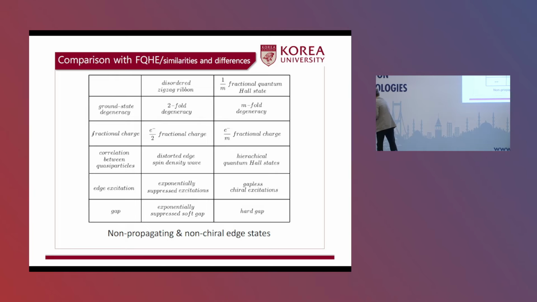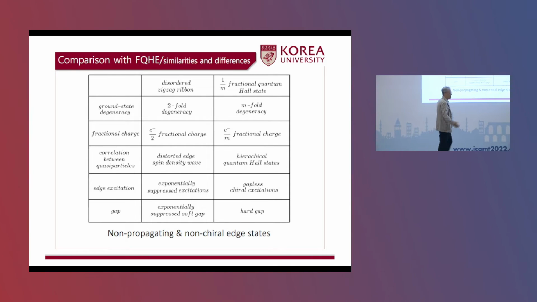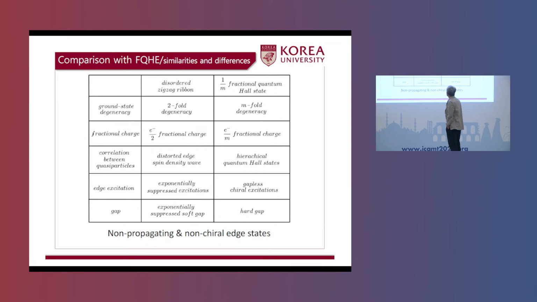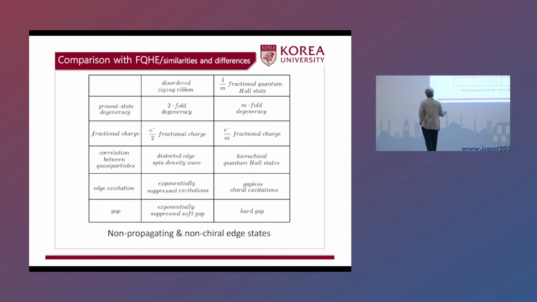Now, suppose you add extra electrons to the undoped system. Then, in the disordered zigzag ribbon case, you get distorted edge spin density wave. In the Laughlin states, you get the so-called hierarchical quantum Hall states. What about edge excitations? In the ribbon case, they are exponentially suppressed. In the Laughlin state, you have gapless chiral excitations.